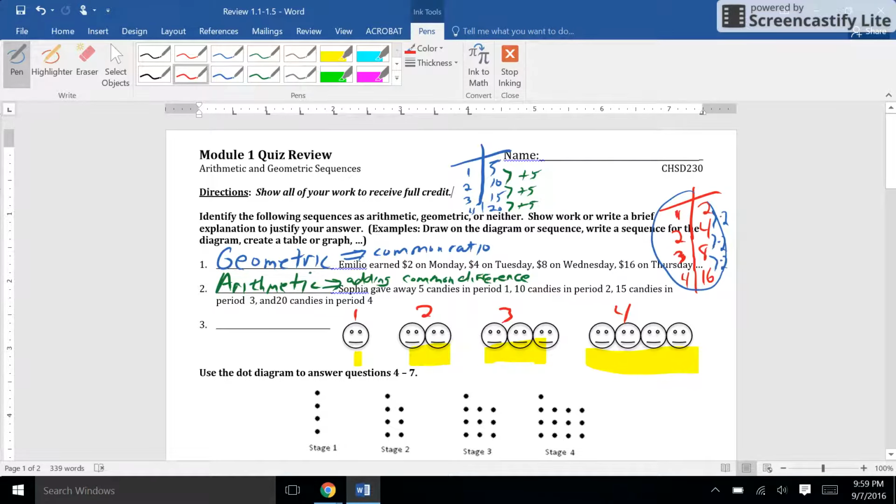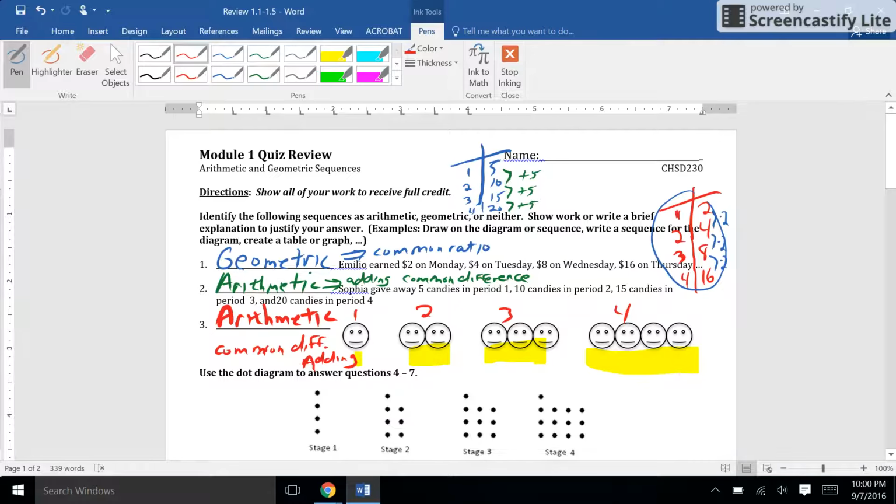We could draw a picture if we wanted to. We could draw 5, or this is just going to be arithmetic. I would say common difference or adding.